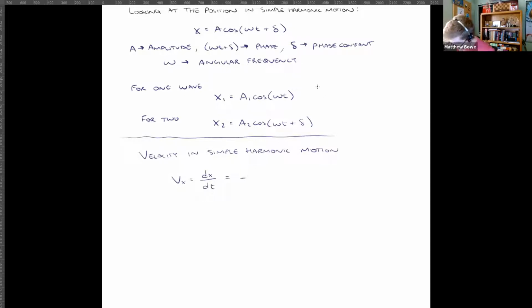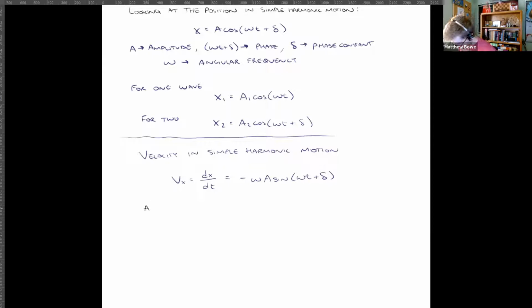And in this case, see there's the t in here. We have to take a derivative with respect to time. So we get minus omega A sine. And just to keep it general, we'll do the whole thing plus the delta.